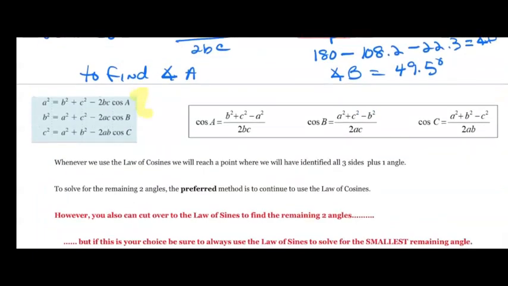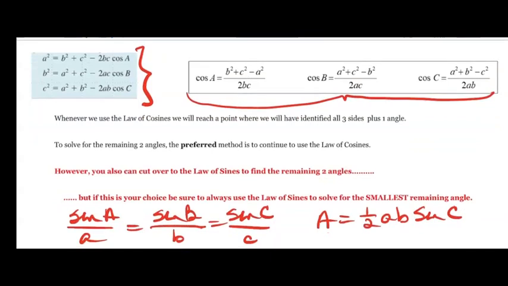We will give you all of these: sine A over A equals sine B over B equals sine C over C, and area equals 1/2 AB sine C. I believe you need to know SOHCAHTOA and basic things like there's 180 degrees in a triangle, those kind of basic things that we've known.